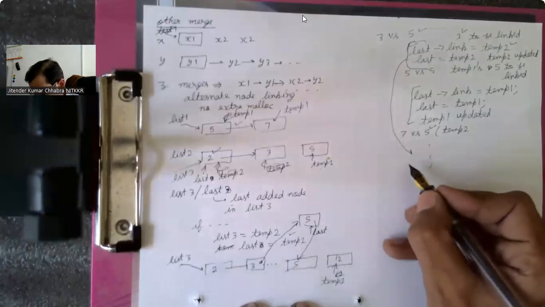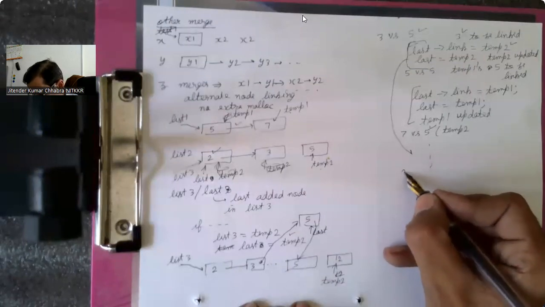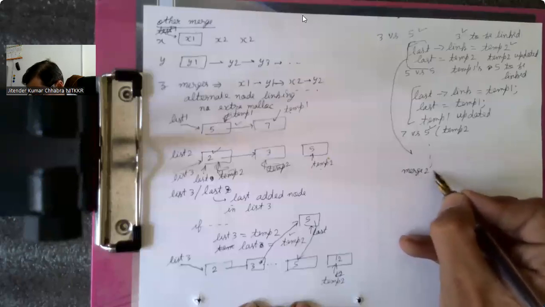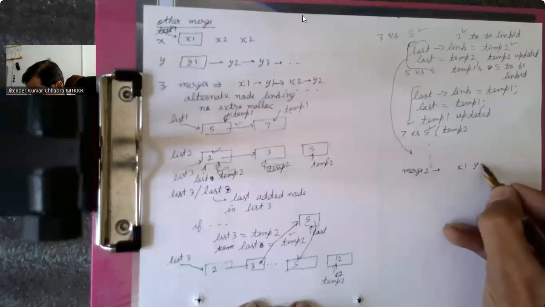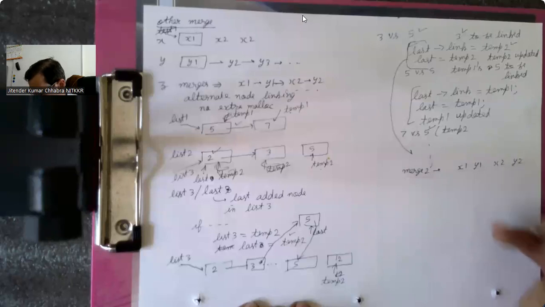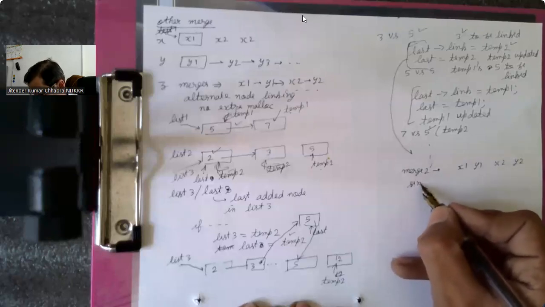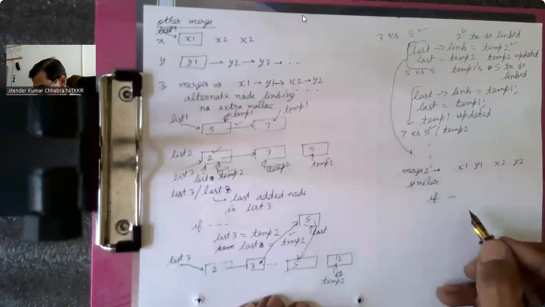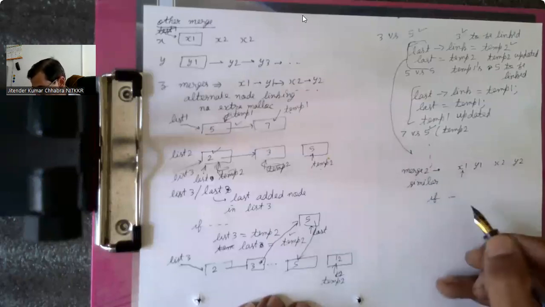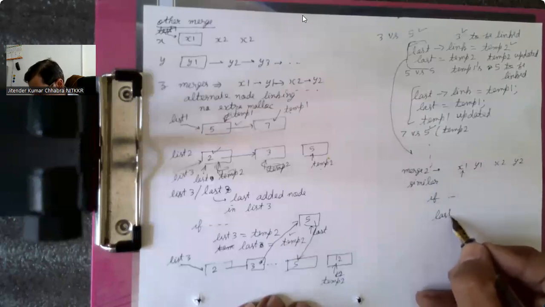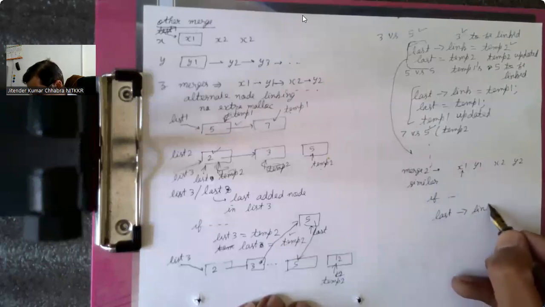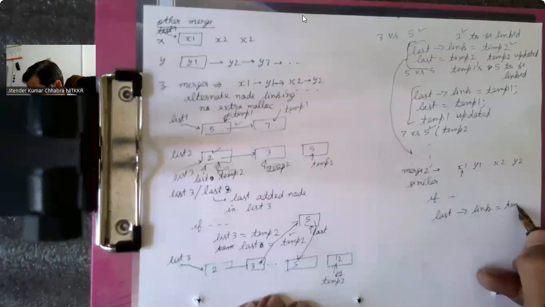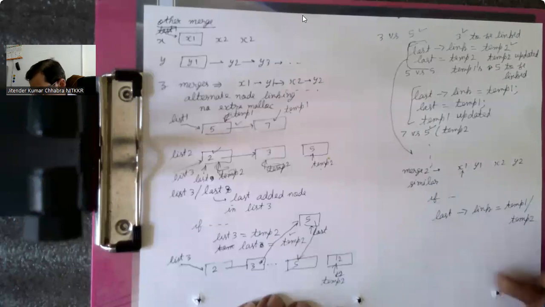Now, instead of, let's say, you wanted merge of second operation, we said x1, y1, x2, y2, and so on. Almost similar logic. Only if will change. First time you will have first node to be linked. Every time your last arrow link will be either equal to temp 1 or temp 2. Earlier, the decision was based on data comparison.